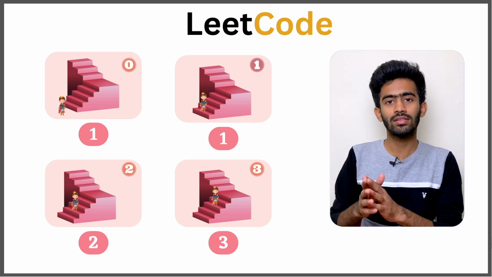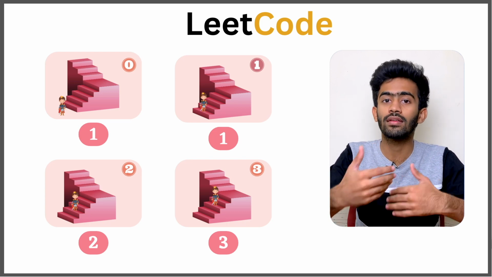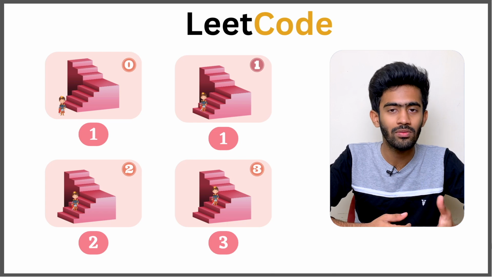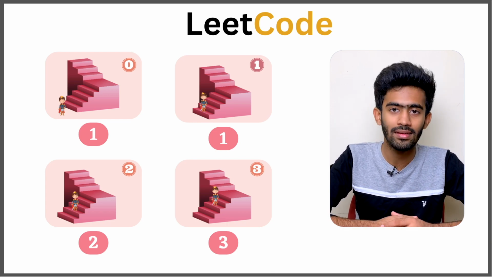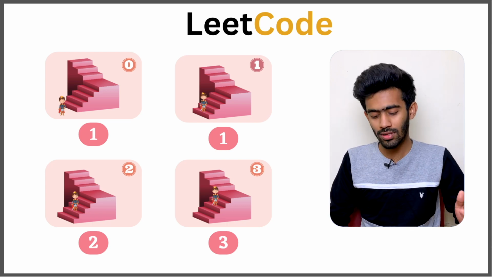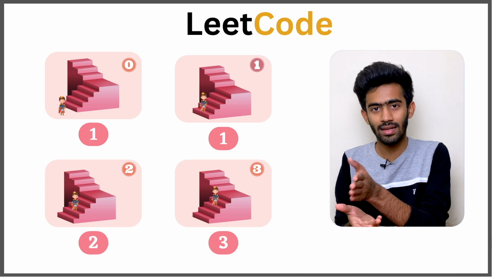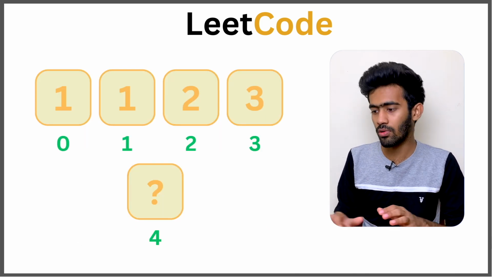I tried solving it using a normal divide and conquer approach, using recursion to find the Fibonacci sequence, but that led me to a runtime exceeded error. LeetCode does not allow more than a set limit as runtime for this question, and hence I moved on to the dynamic programming approach.